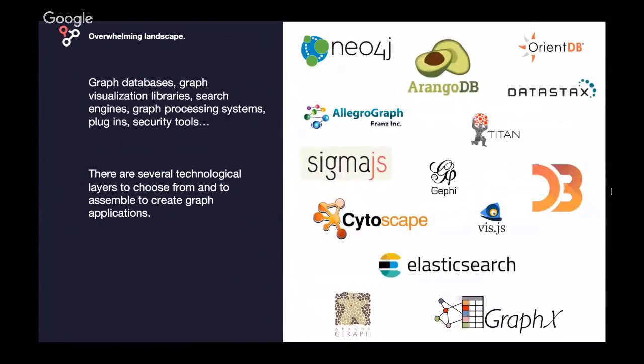The big problem today is that the graph technology landscape is quite difficult to understand. There are a lot of different technologies on the market, including graph databases like Neo4j, OrientDB, AllegroGraph, Titan, for example, but also graph visualization libraries like Sigma.js or Viz.js, for example. There are also different search engines like, for example, Elasticsearch, which last year released new graph features, but also graph processing systems like Giraph or like GraphX from Spark.